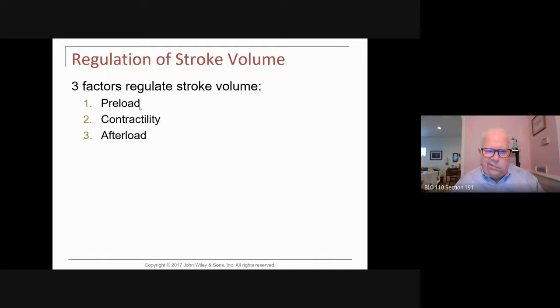Okay? So the three factors that regulate stroke volume are preload, contractility, and afterload. And we talked about what affects heart rate. Cardiac output is equal to stroke volume times heart rate. Okay?